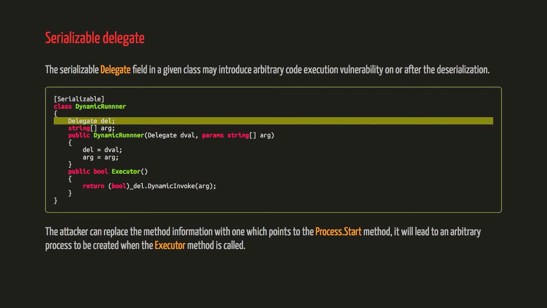And so in this way, the delegate field is also serializable. An attacker can replace the method information inside the serialized delegate with one which points, for example, to the Process.Start method. And it will lead to an arbitrary process being created and executed when the executor method is called. So here we have a case of code injection.